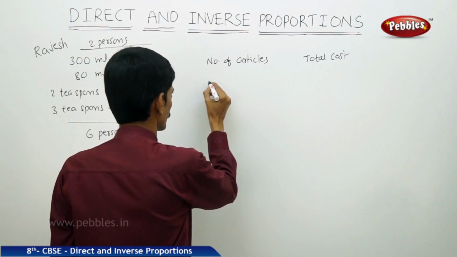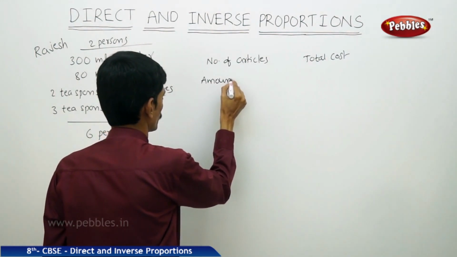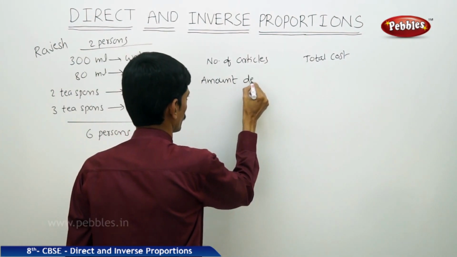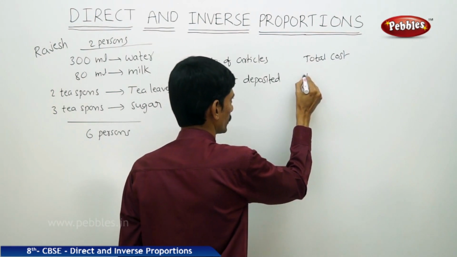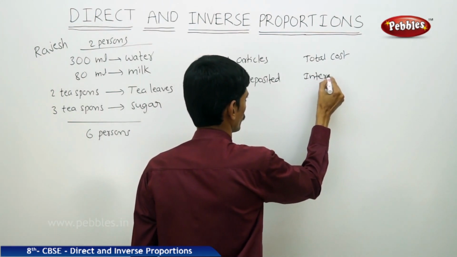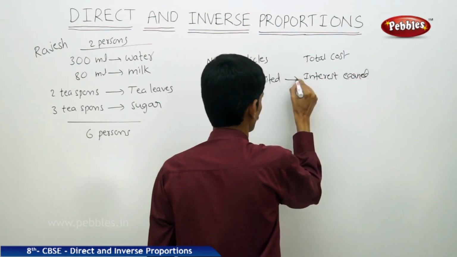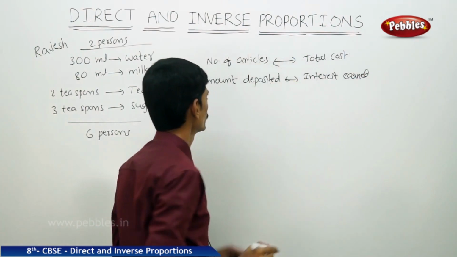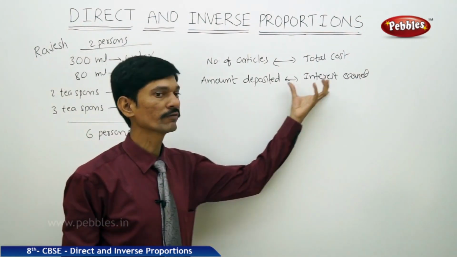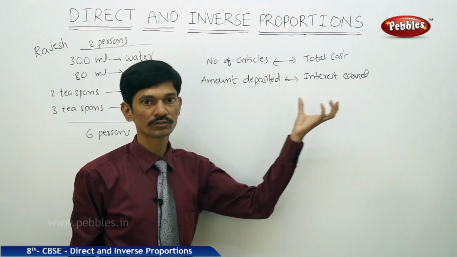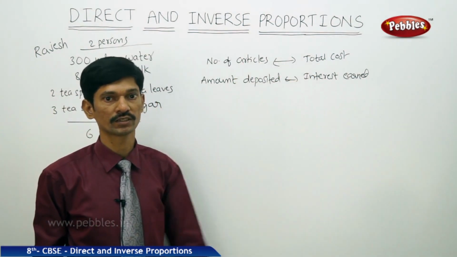And the amount deposited and interest earned. So these are also changing. If you deposit more amount, you will earn more interest. If you deposit less amount, then you will earn less interest.